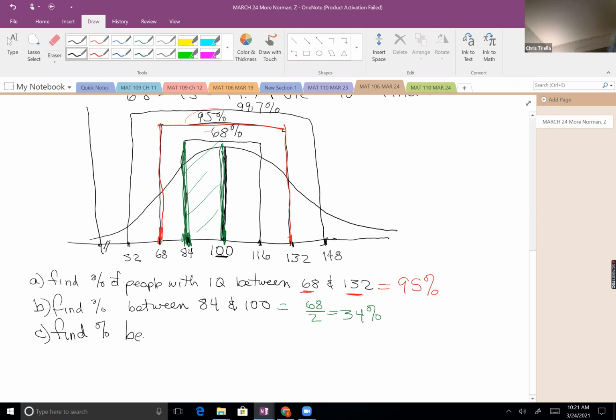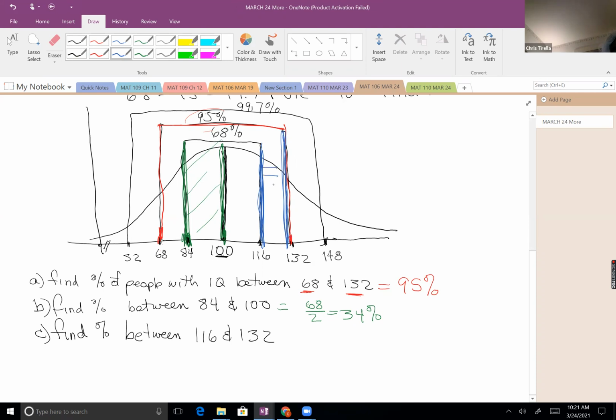If I want the percent between, this time let's look for the percent between 116 and 132. Well, 116 is the boundary for 68%, and 132 is the boundary for 95%.